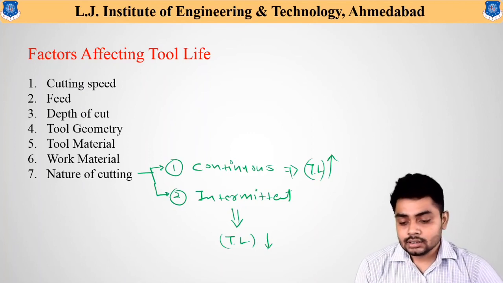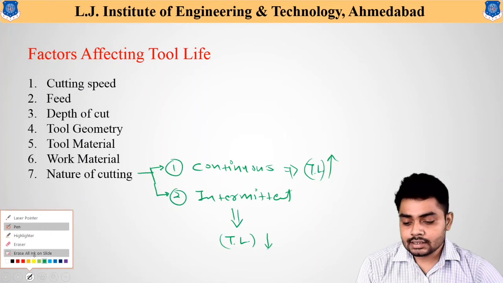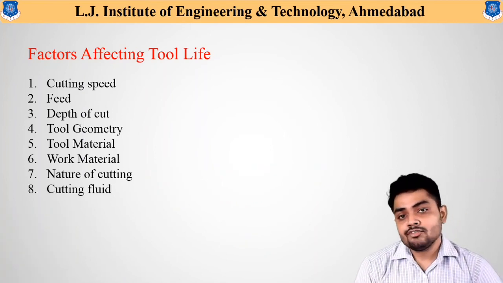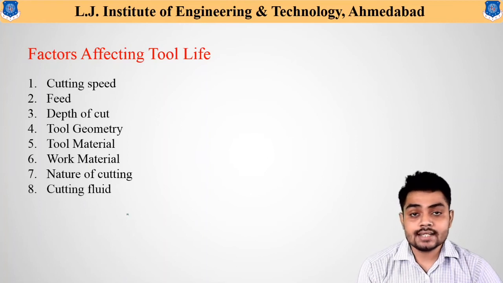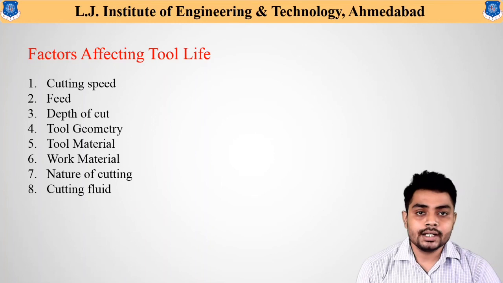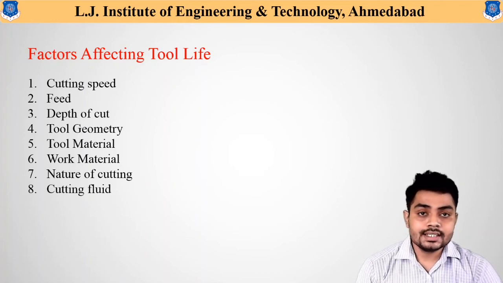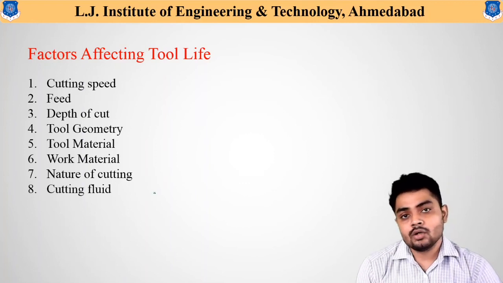And the last, or the most important factor again, is the cutting fluid. So in the case of cutting fluid, as we know, this cutting fluid is supplied during the machining operation to remove the heat generated during that machining operation. So the supply of cutting fluid is most important to provide good tool life during machining operation.